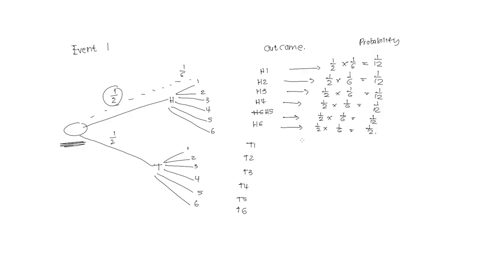The probability of obtaining a tails and rolling 1 to 6 on the die is similar to that of the heads case.